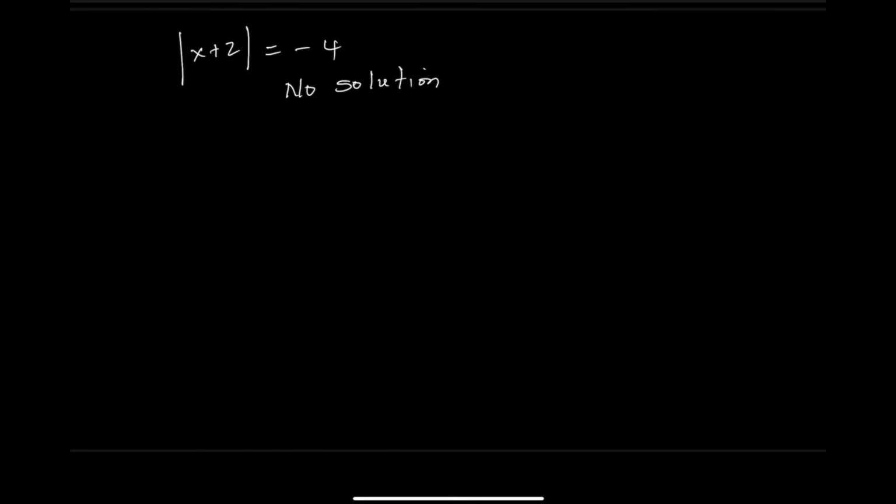Now let's solve an equation with variables on both sides. The absolute value of 2x minus 1 equals x plus 5. Step 1. Write two equations. First, 2x minus 1 equals x plus 5.